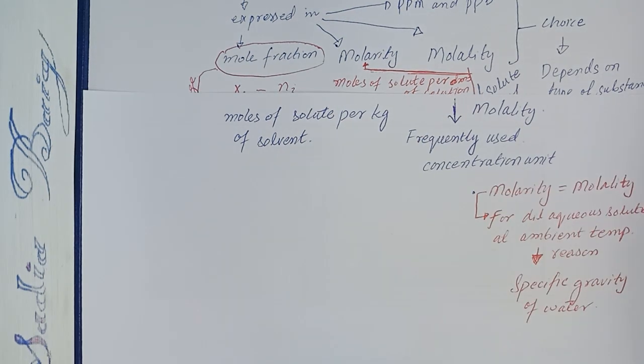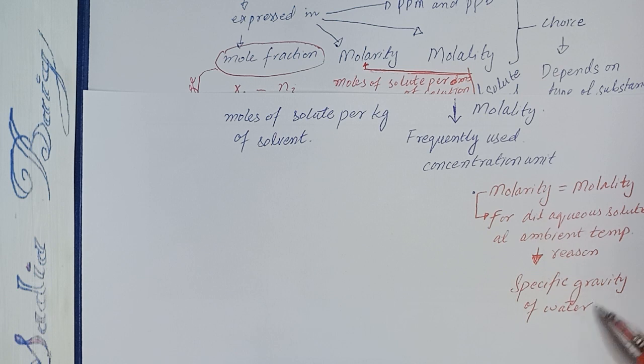But here we need to remember that molarity and molality are equal for the case of dilute aqueous solutions at ambient temperature. Ambient means regular temperature, for example 25 degrees centigrade.